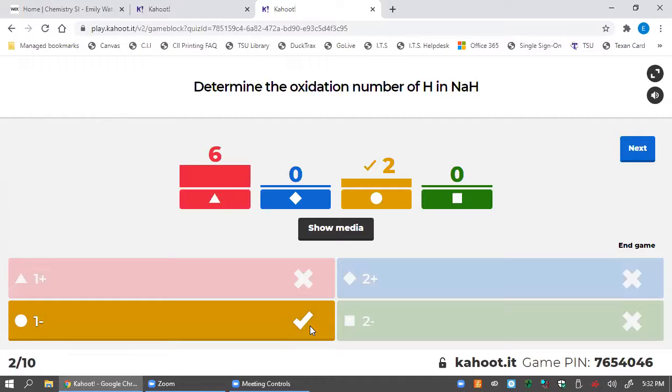And it's all going to depend on the placement of the hydrogen. If it's at the very beginning and it's acting as a cation, it's going to be positive. But do you see how in this question it's NaH and Na is a positive 1 based on your periodic table? So you're going to have that -1 to cancel it out and make it neutral.